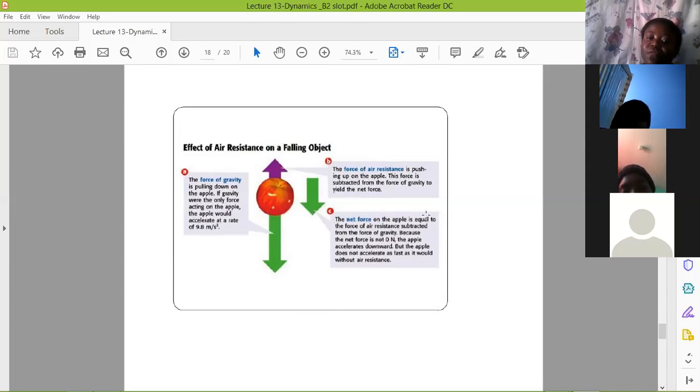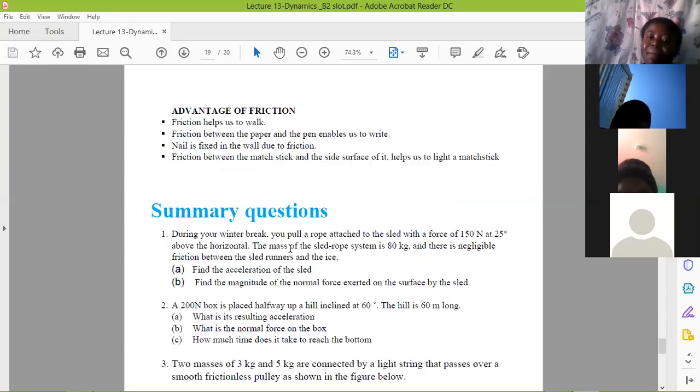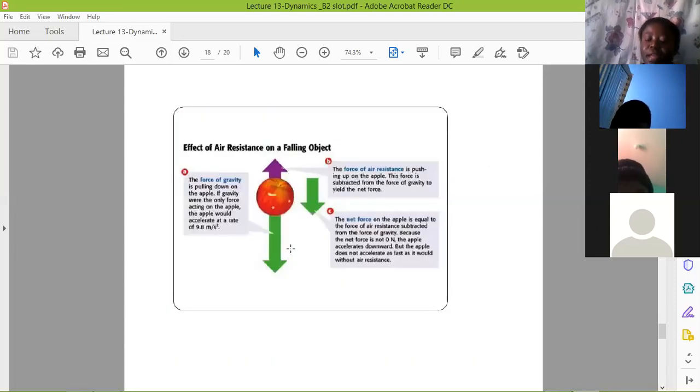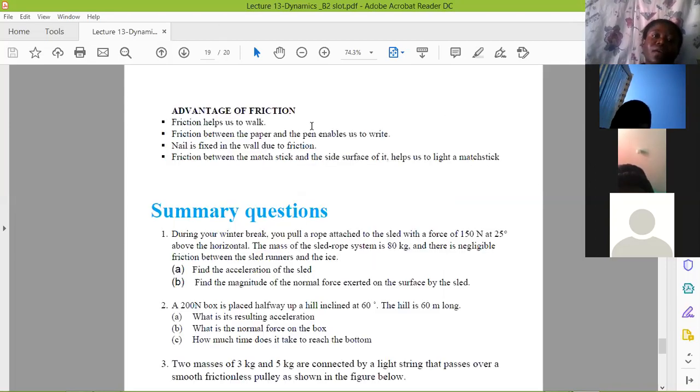So the net force is, as I said, you simply do the summation of all the forces acting on that body in the same direction. You don't mix them up.